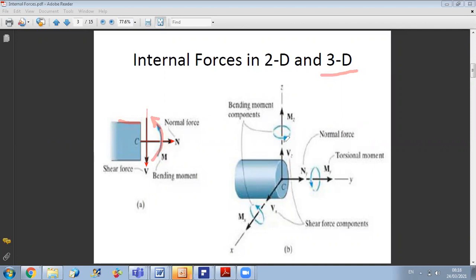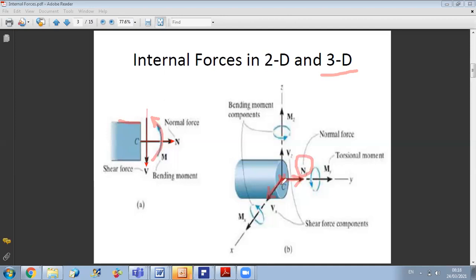Okay, so whenever you do a section, you say that this section is in equilibrium. So I should have internal forces here to maintain equilibrium. The internal forces will be divided into 3 components. We have V along X, V along Y. Or here, if you want, they call the component perpendicular to the section N, so it's a normal force.